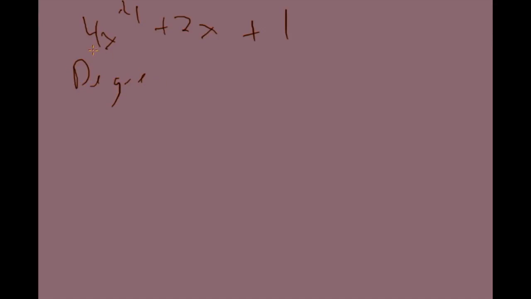Degree is this exponent right here, the biggest exponent. And then it goes 0, which is constant. This is just like f of x equals 1. Then 1 would be your linear.